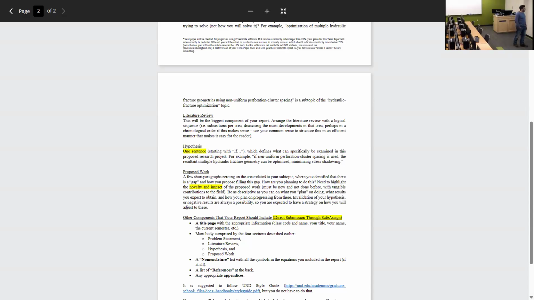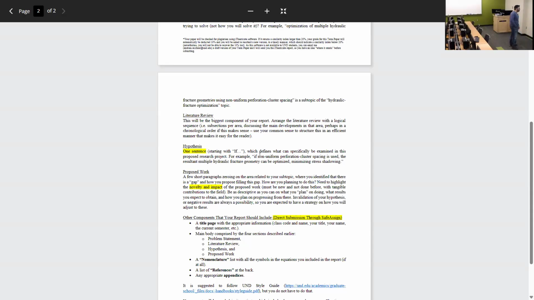How you plan progressing from there. So this is the data I will collect, and this is how I will process it, etc. Invalidation of your hypothesis or negative results are always a possibility, so you are expected to have a strategy on how you will adjust to this.